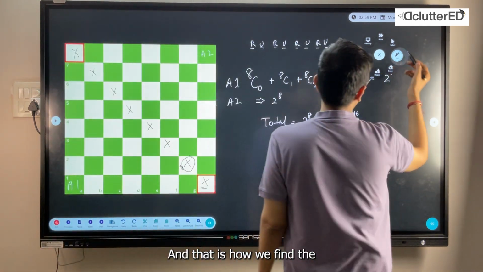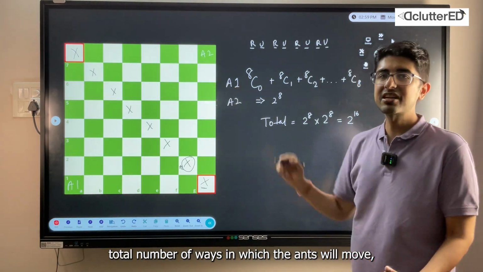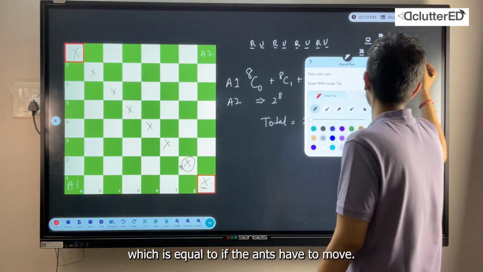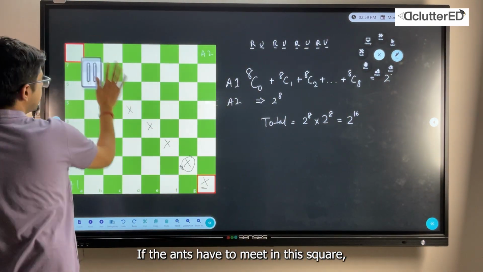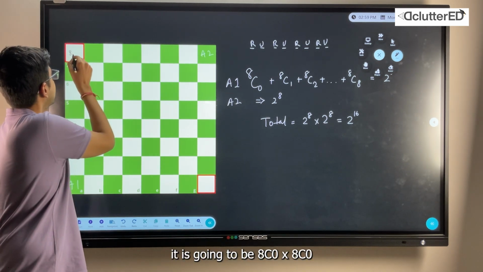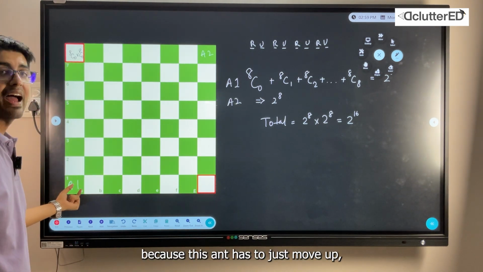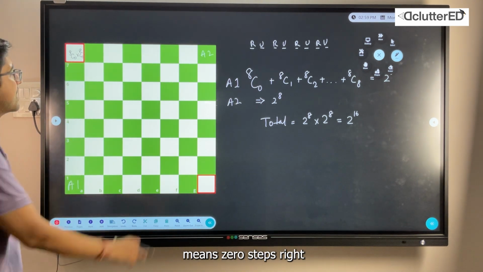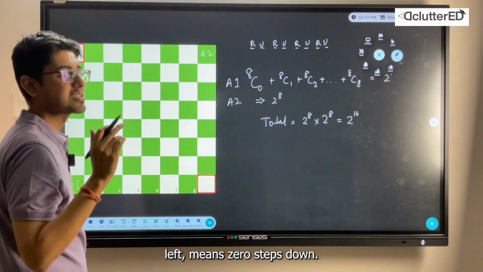And that is how we find the total number of ways in which the ants will meet. I am going to write it on the chessboard itself. If the ants have to meet in this square, it is going to be 8C0 into 8C0, because this ant has to just move up, meaning 0 steps right, and this ant has to move left, meaning 0 steps down.